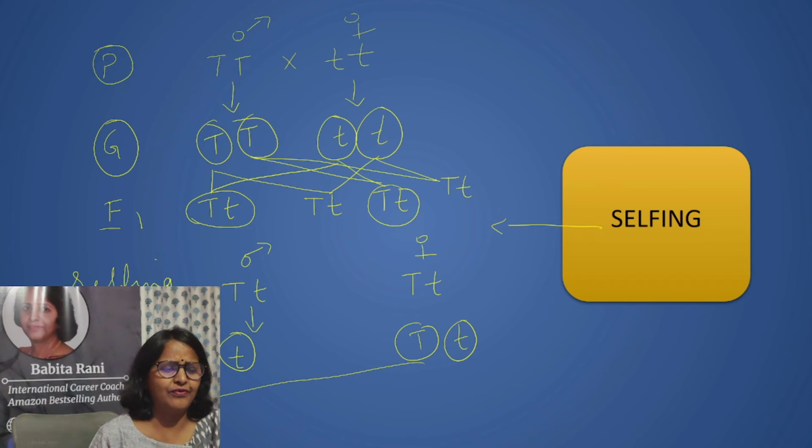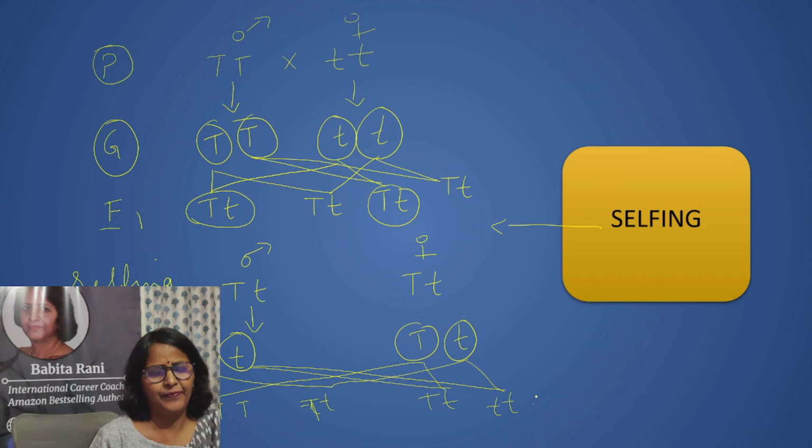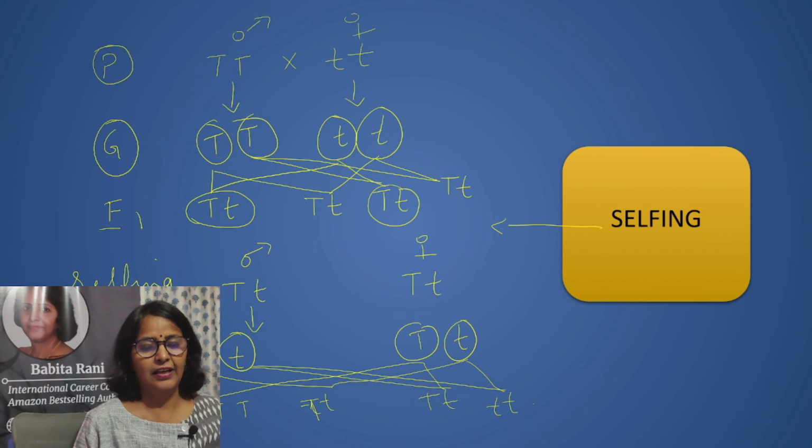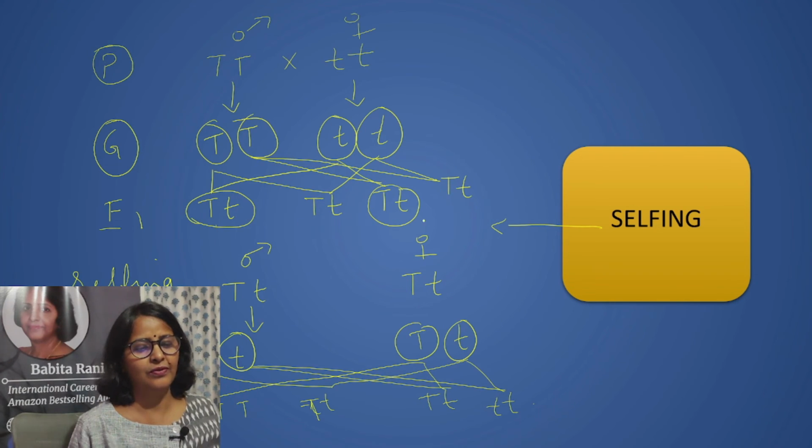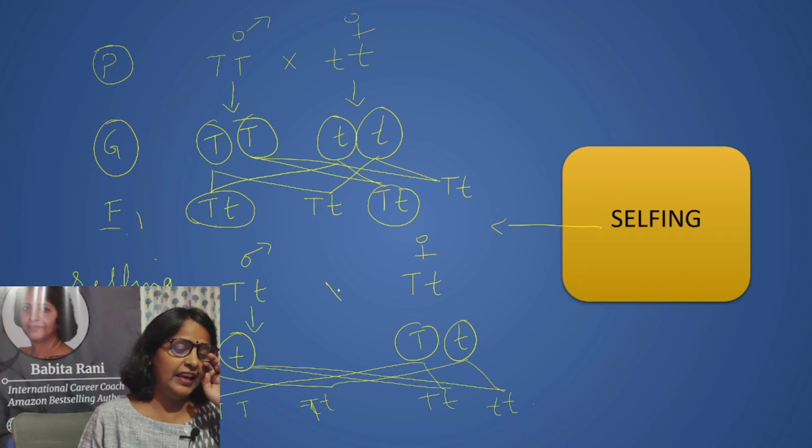So, we will have different types of organisms produced in the F2 generation. Sorry, this is capital T, capital T, small t, small t, small t. So, this is what is selfing. When two offspring produced in the F1 generation are taken to form a cross for the next generation, that is known as selfing.